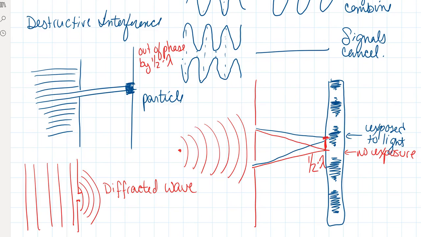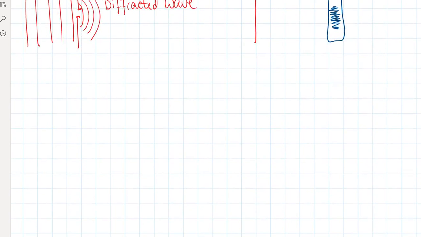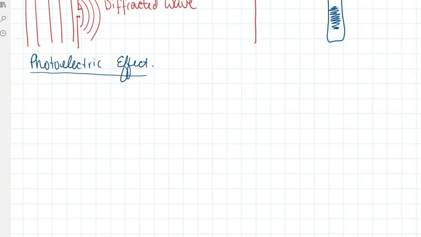So when we then started doing some additional experiments, there was something called the photoelectric effect. The second important piece here was revealed to us by the photoelectric effect. This was a really interesting phenomenon, and it's still used today in a tool called a spectrophotometer.